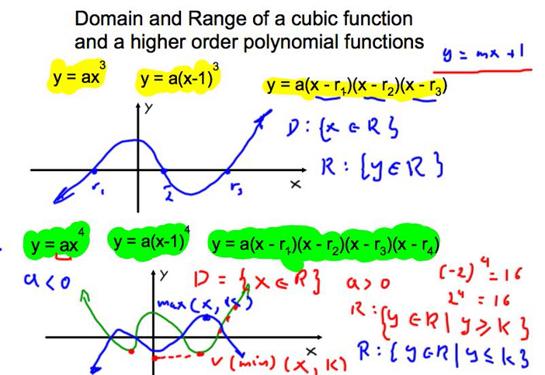So the range in that case is either starting from the lowest value of y going up, or starting from the highest value of y and going down. So this works only for polynomial functions where the highest degree is an even number, like 2, 4, 6, and so on.